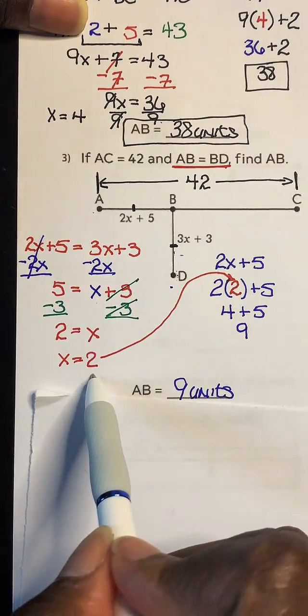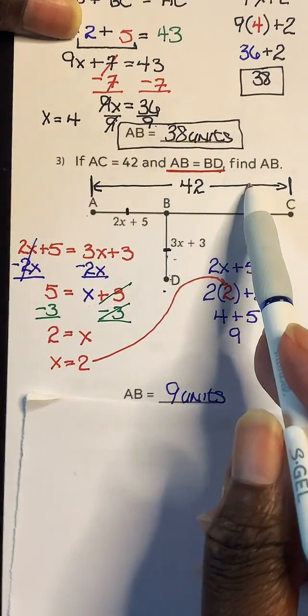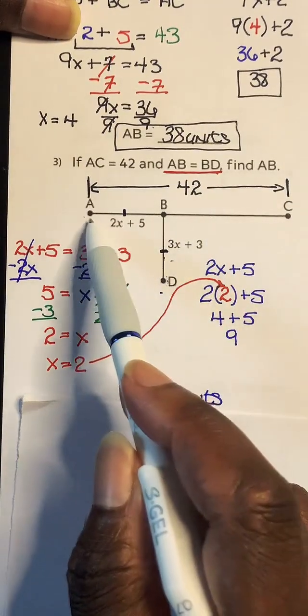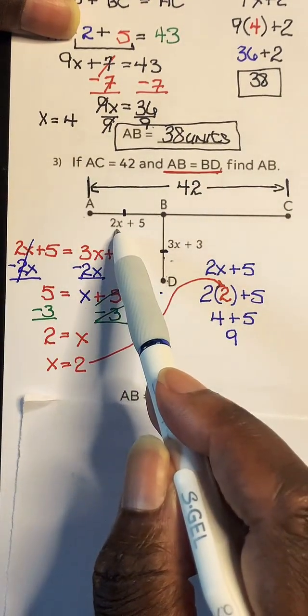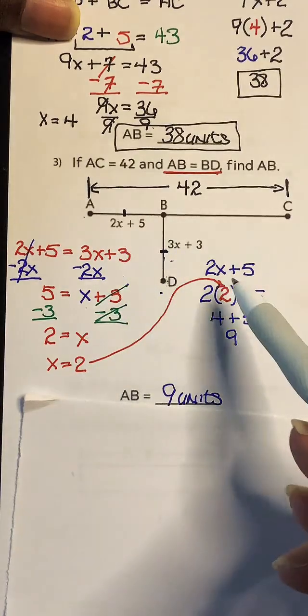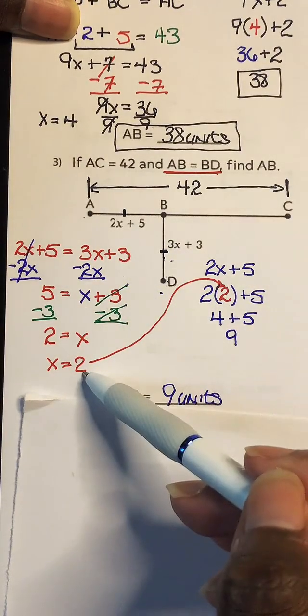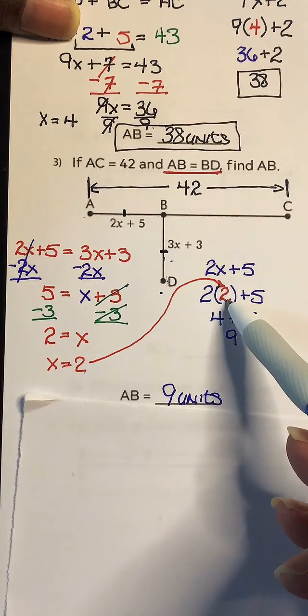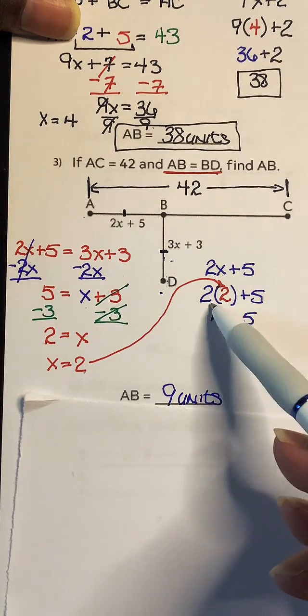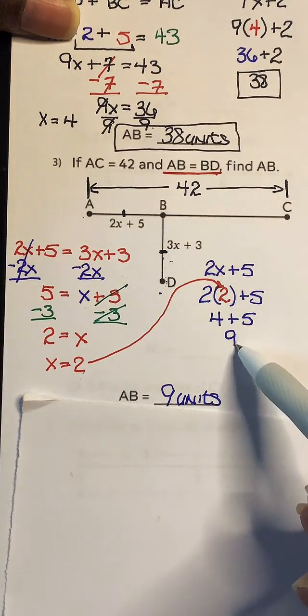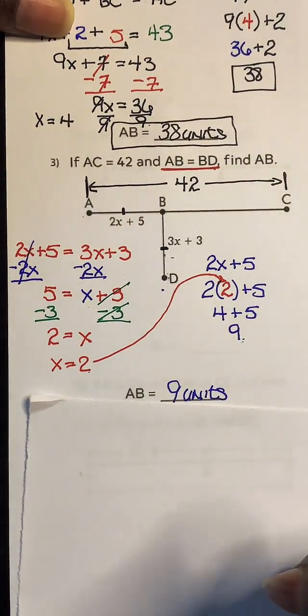Go ahead, solve for x, and then they want us to find AB. The length of AB is represented by 2x plus 5. So I took our answer of 2 and substituted it in for the x. 2 times 2 gives us 4, and 4 plus 5 gives us 9.